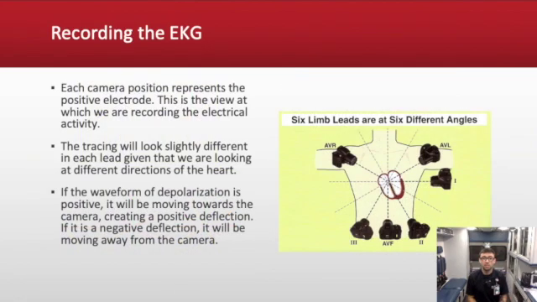Each camera position represents the positive electrode. This is the view at which we're recording the electrical activity. So if you're looking at lead 1, for example, we have a camera here and looking at how the electricity is moving towards that camera. Lead 2, same thing. We're looking at how the electricity is moving towards that camera. Lead 2 is one of our more common leads that we're going to see.